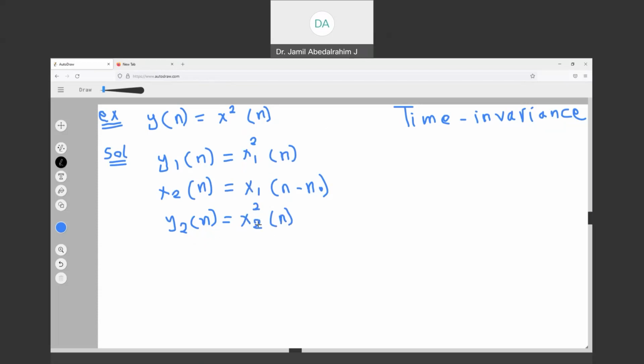We have the first equation y1 equals x1 to the power of 2 of n, and now the second equation y2 of n equals x2 to the power of 2 of n.